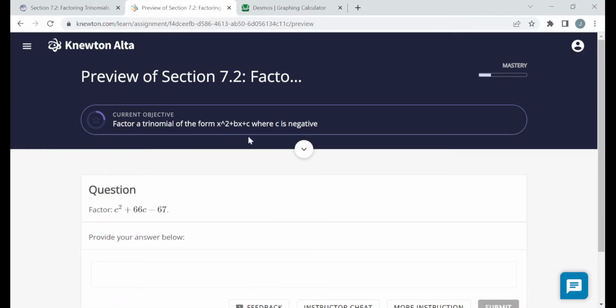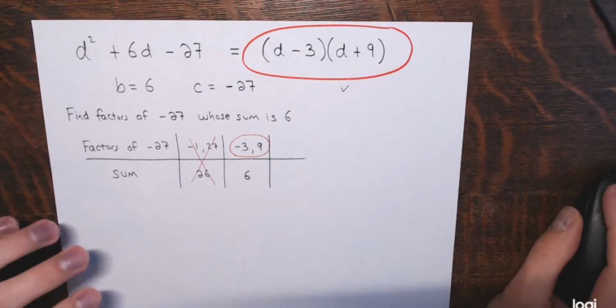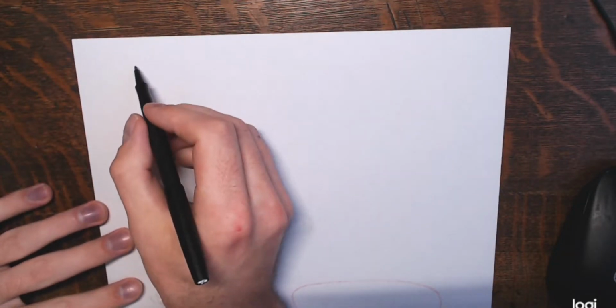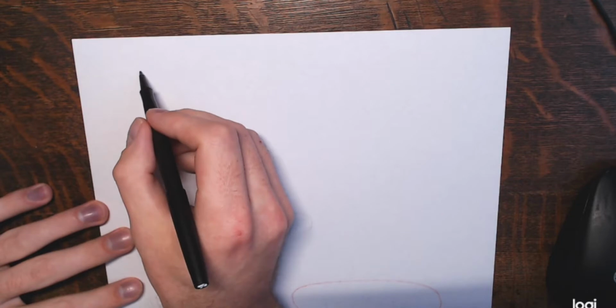All right, so another one, same objective here, where you're looking at one of those special trinomials with one variable. Again, lead coefficient of 1, so should be simpler than most things. But instead of having the variable x, you have the variable, now this is going to be confusing maybe, but the variable is c.